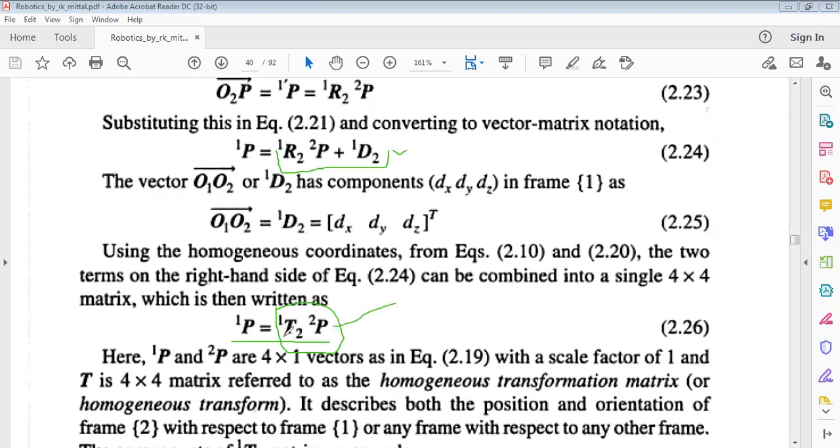Let us look at the transformation matrix. In this matrix, the elements represent both rotation and translation.